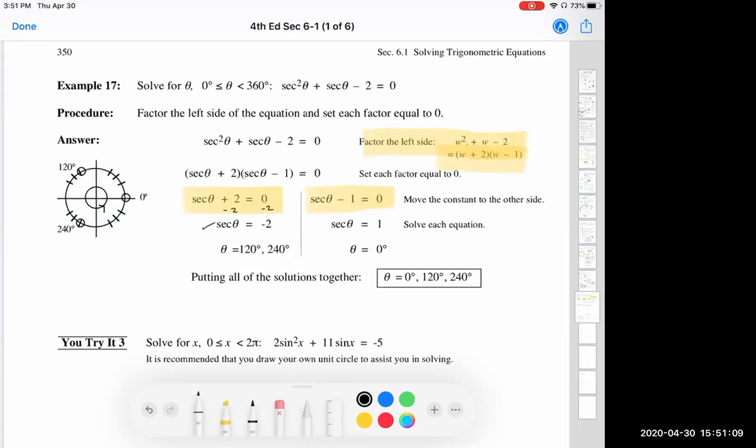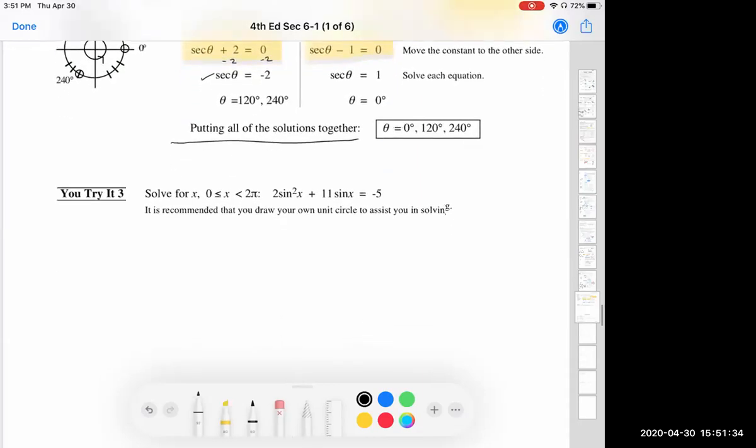So my answer is 120 and 240. Next one, when is secant 1? And we see that secant is 1 at 0. So our answer is only 0, because remember, we're not including 360. So we put our answers together, we get theta is equal to 0, 120, and 240.